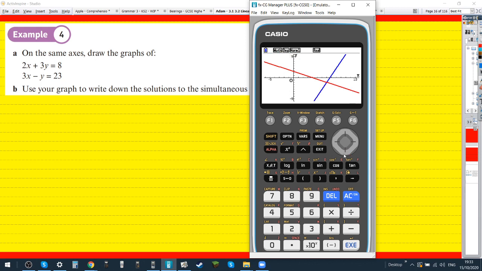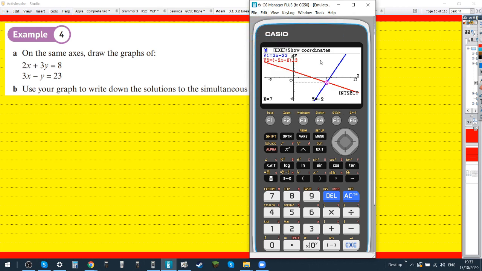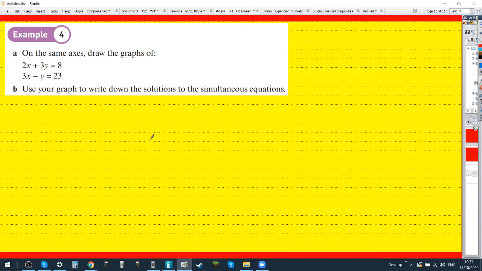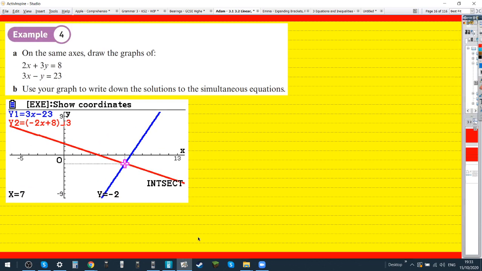So I can do shift F5 for graphical solve, F5 again for point of intersection, and it gives it to me there. X is 7, Y is minus 2. What you can also do is put the original question into your simultaneous equations solver with two unknowns.